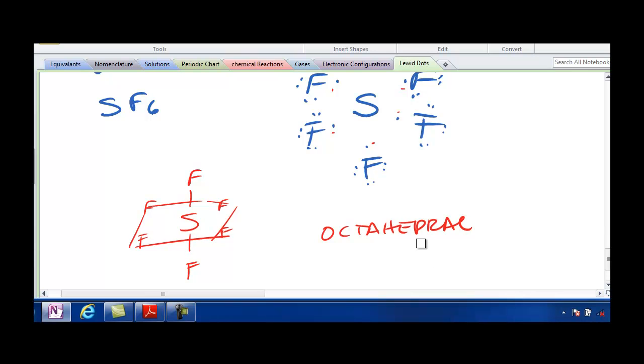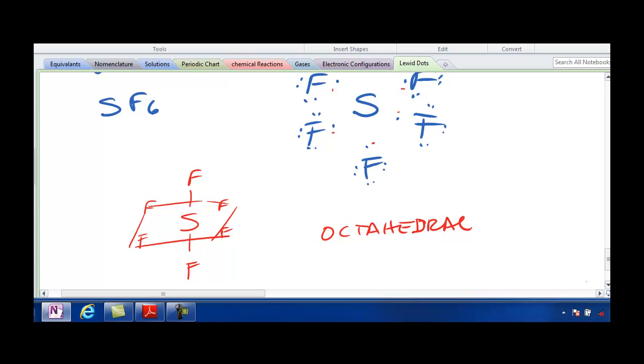Octahedral. And this is what an octahedral looks like. You have a square in the middle, 1 up, 1 down, and it's totally symmetrical. They're all what? 90 degrees, and from here to here, I have what? 180.